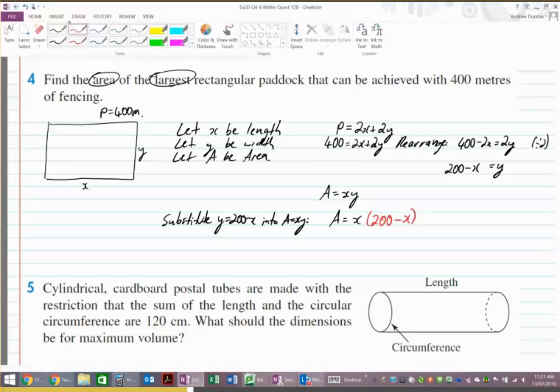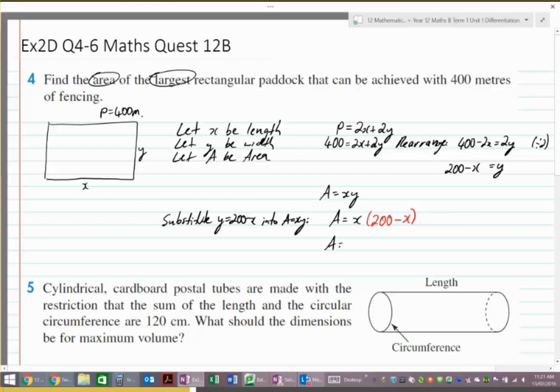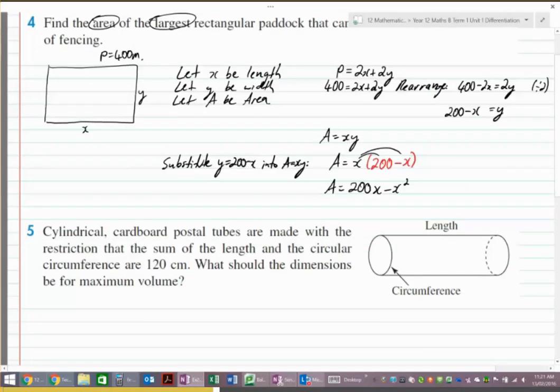And then I can expand it to make it a little bit neater before I do my differentiation. 200x minus x squared. This will be a lot easier to differentiate than the first one. The first one we'd have to use product rule needlessly when we could have just expanded by ourselves. Okay, from there it'll optimize.